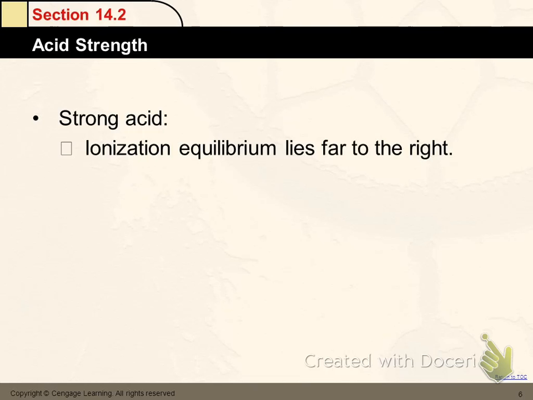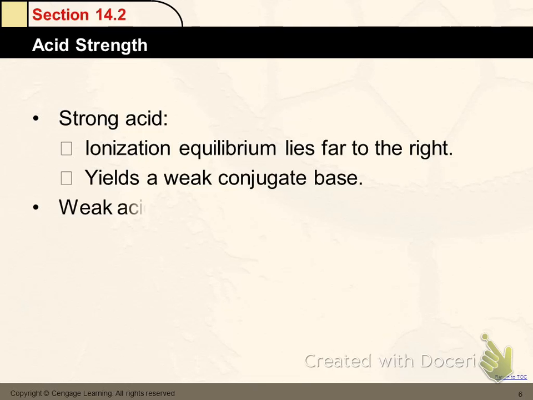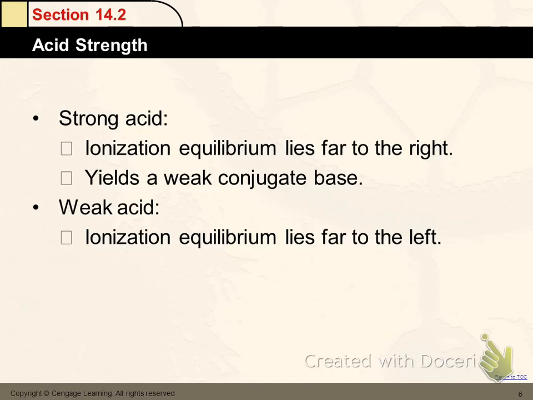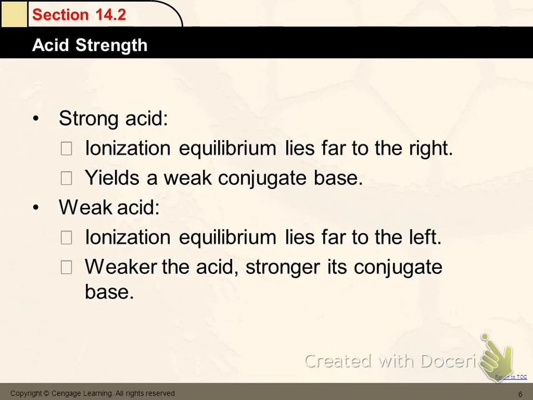A strong acid is going to dissociate basically immediately in water, and so its ionization equilibrium actually lies far to the right, meaning we're looking at mostly the products. Now, it's going to yield a weak conjugate base, whereas for a weak acid, the ionization equilibrium lies far to the left, meaning it's going to dissociate very little, and it's actually going to have a stronger conjugate base.